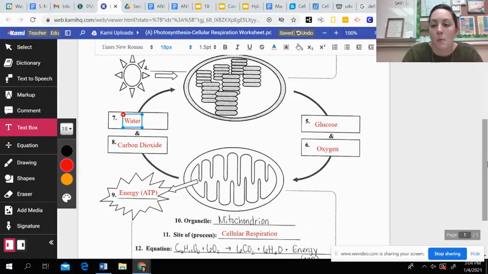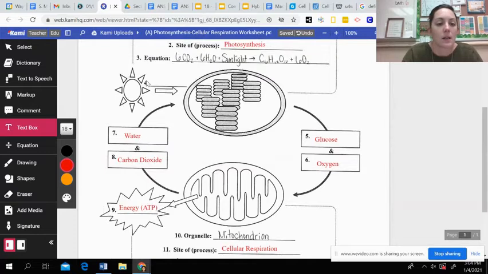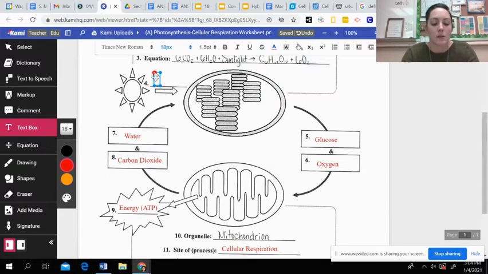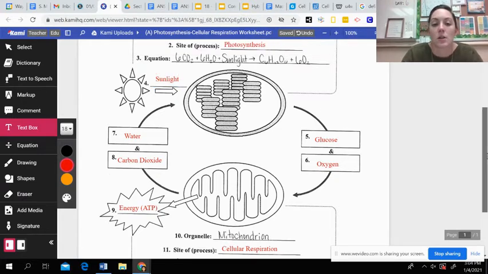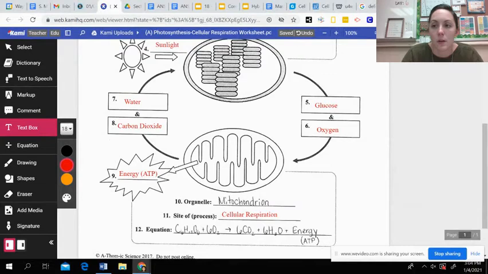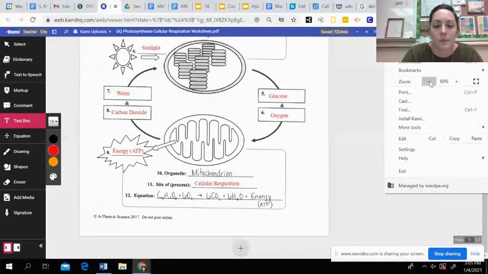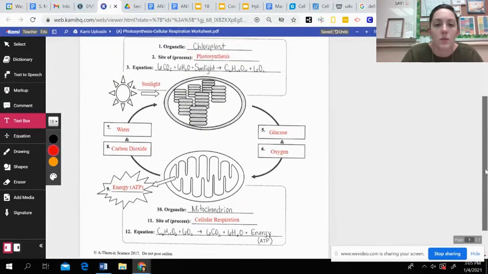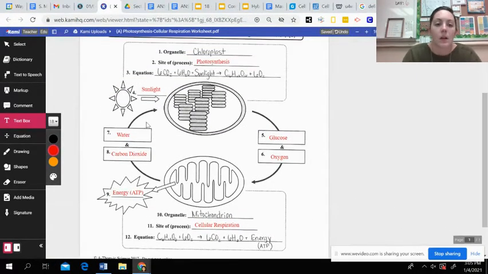Now, one of the other pieces we forgot here is our little sunshine, which goes into helping photosynthesis occur. So as you can see, through this whole process, photosynthesis and cellular respiration are a continual process.